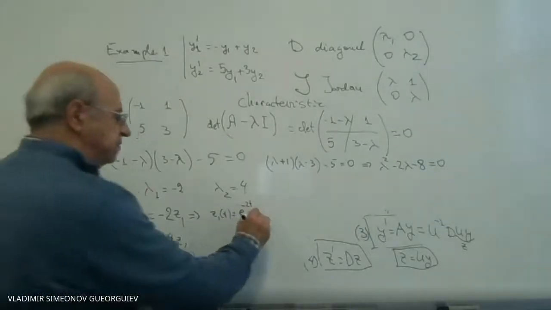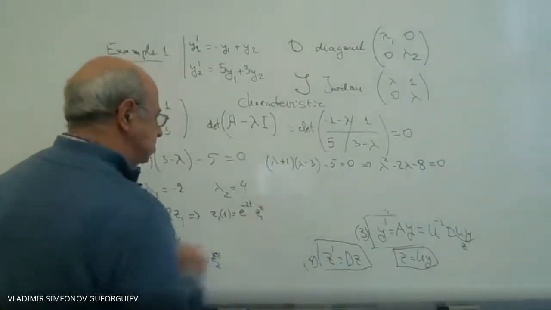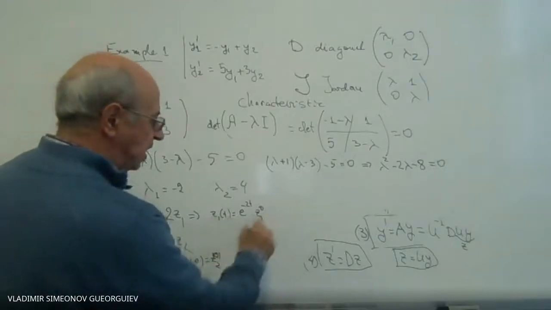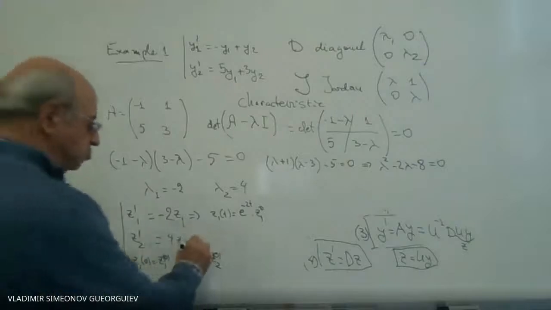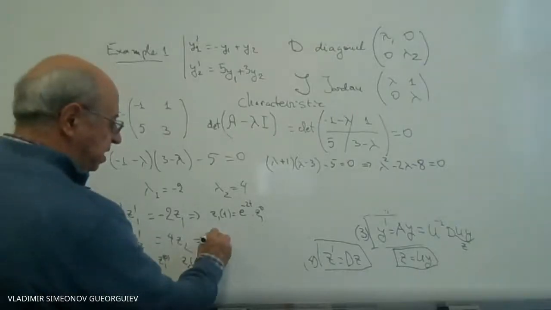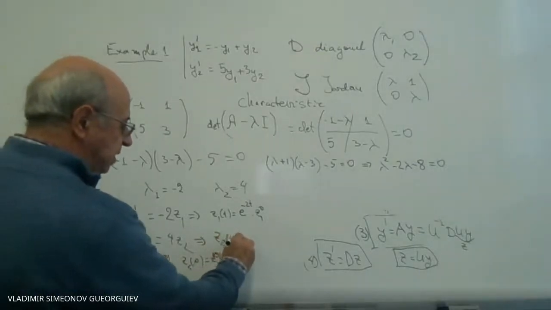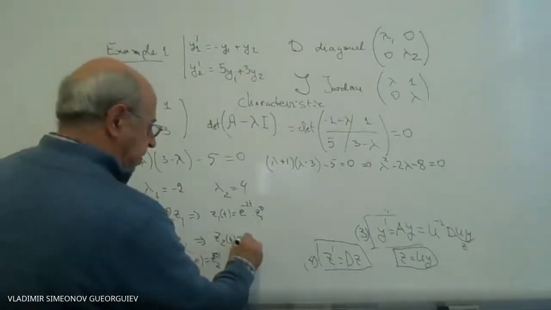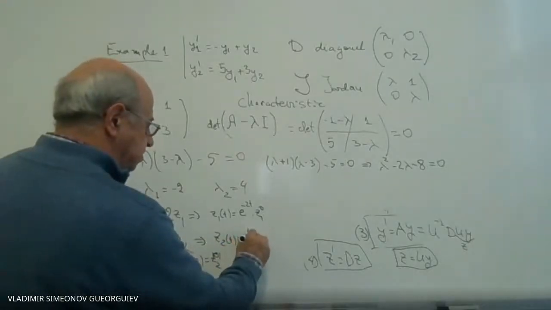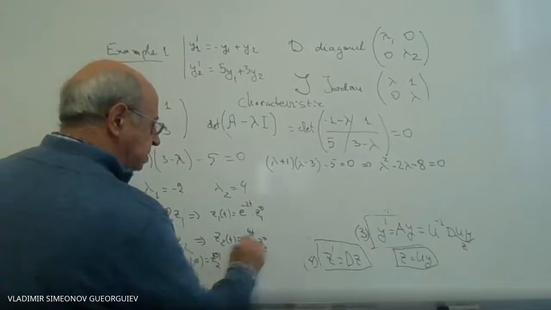So we have Z1,0. This is our explicit solution. And for the other, Z2 of t shall this time be e to the power 4t times Z2,0.